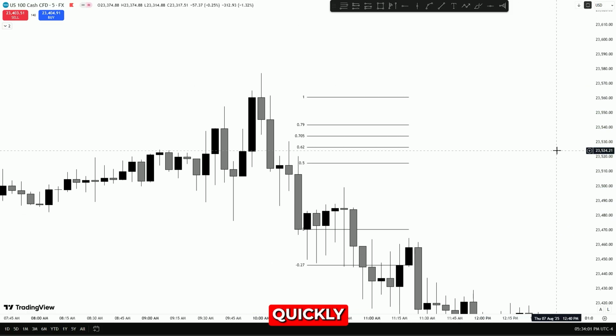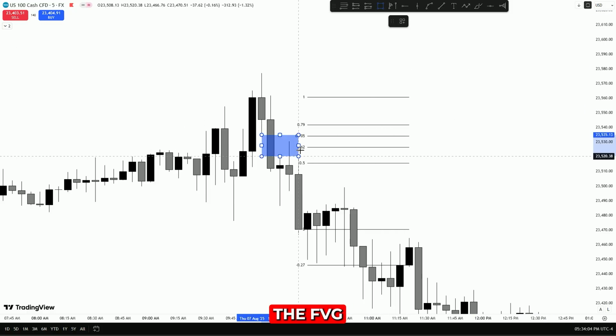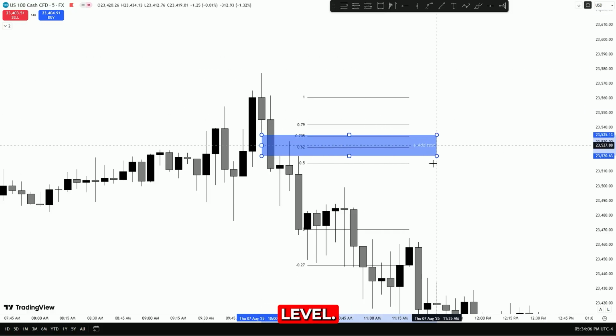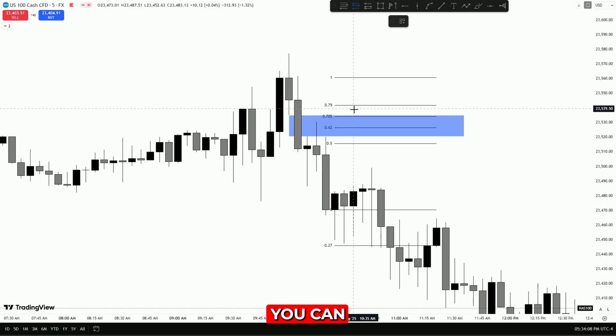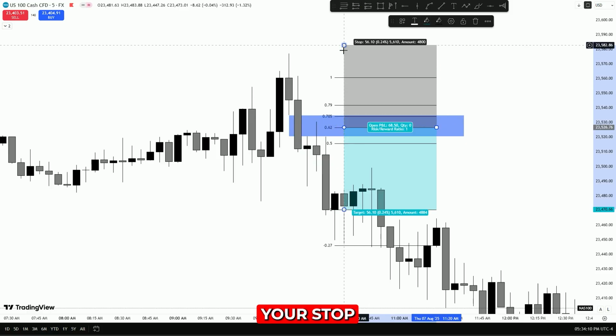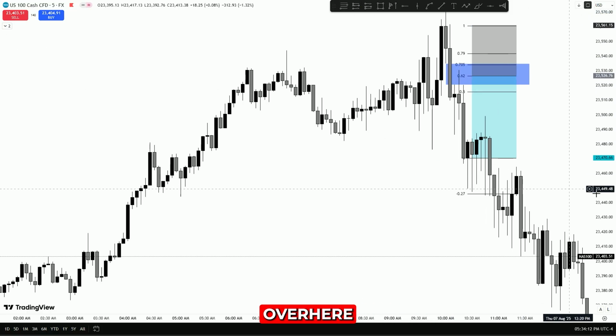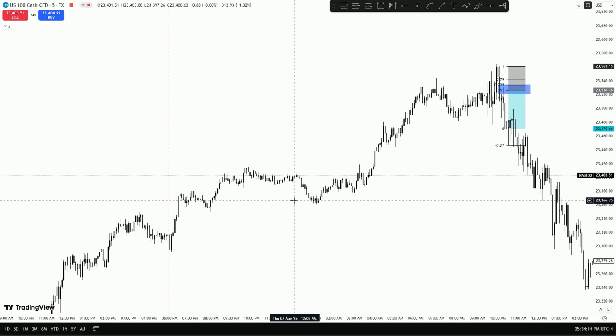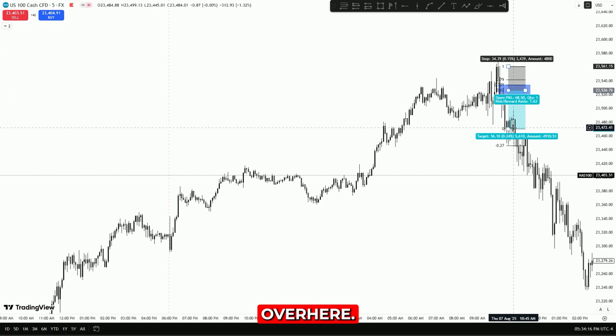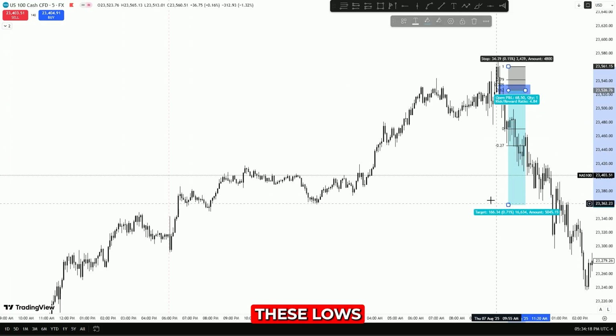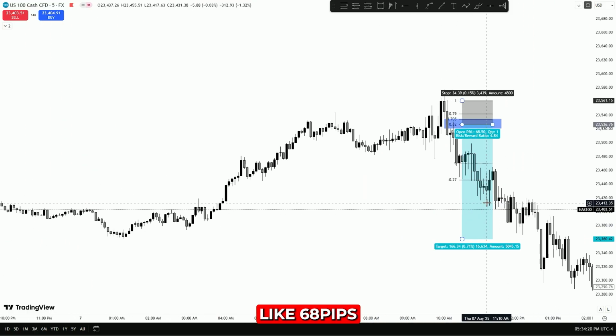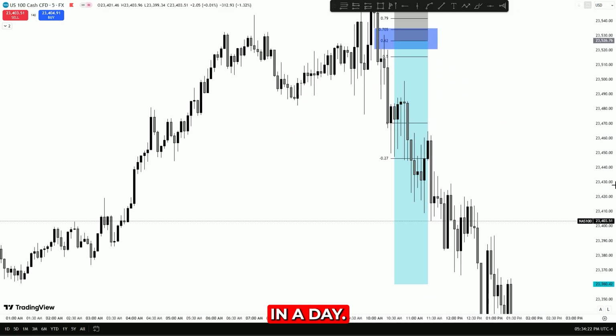Let me go through. This is the FVG combining with the 0.62 level. You can take your trade over here, place your stop over here, and target these equal lows. You can target these lows, which is like 68 pips in a day.